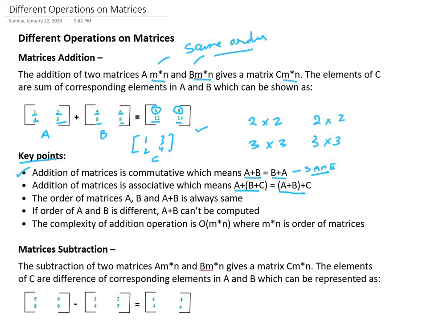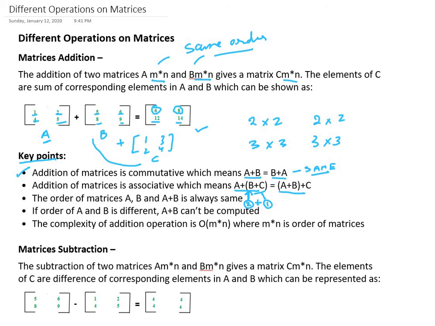Let's say this is the C matrix, and we add the C matrix to A plus B. Now if we add first B and C to get the result, which will again be a 2 by 2 matrix, and then we add it with A, we are performing this operation A plus B plus C in two steps. The first step will give us the result of B plus C, and the second step will be A plus the result of B plus C.